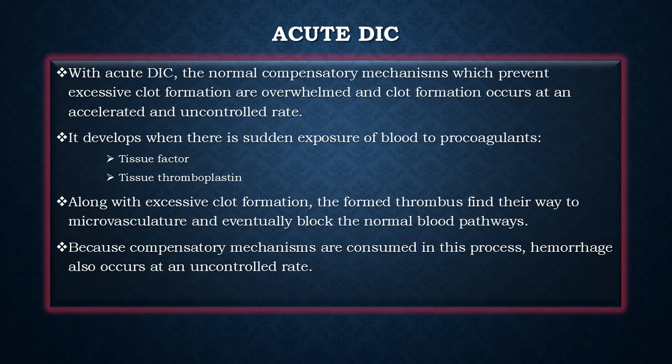Along with excessive clot formation, the formed thrombi find their way to microvasculature and eventually block the normal blood pathways. Because compensatory mechanisms, also known as the mechanisms that stop us from forming clots, are consumed so highly in this process, hemorrhage is also likely to occur.